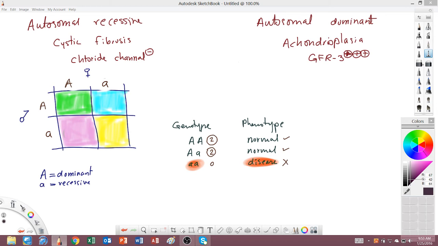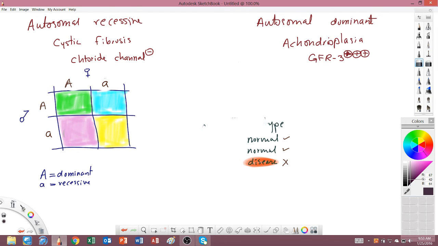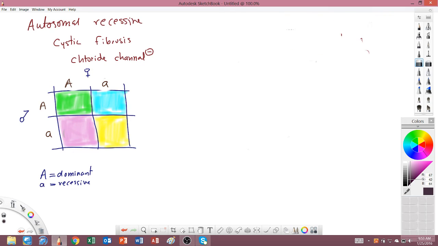Let me give you the possibilities, because I think sometimes people get confused. What are the possibilities of a dad's genotype? Dad can be AA, Aa, or aa. What are the possibilities of a mom? Same thing. She could be capital A, a carrier, or recessive.